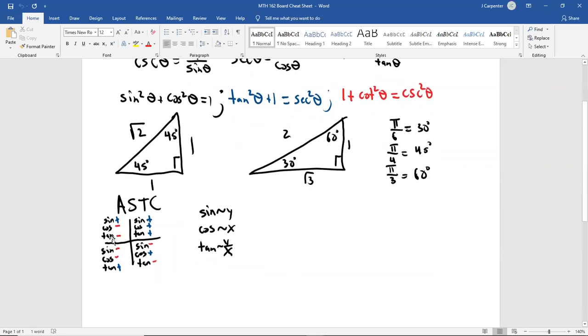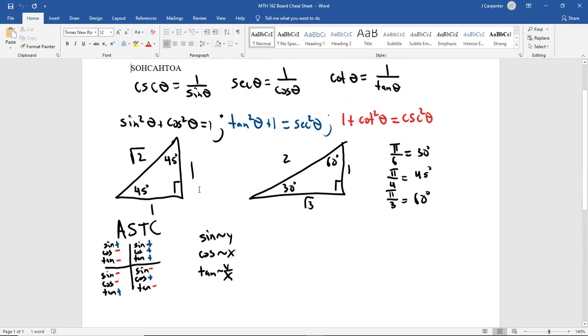The positive and negative sign pattern of your trig functions based on quadrants follows a smart trig class. And all of those patterns were developed based on the fact that sine goes like y over r, cosine like x over r, and tangent like y over x. Now, on the cheat sheet, I don't have the over r parts listed because after we get into 7.4, we will assume the radius is 1 and we no longer need the radius ever again.